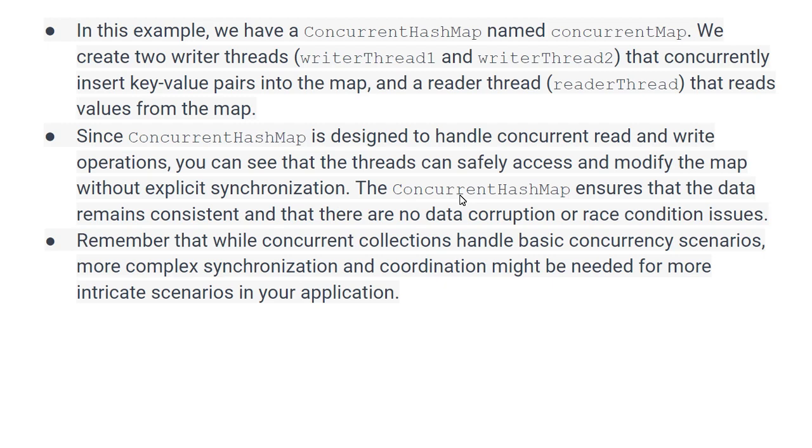The concurrent hash map ensures that the data remains consistent and that there is no data corruption or race condition issue. Remember that while concurrent collections handle the basic concurrency scenarios, more complex synchronization and coordination might be needed for more intricate scenarios in your application. So based on that you have to design it.